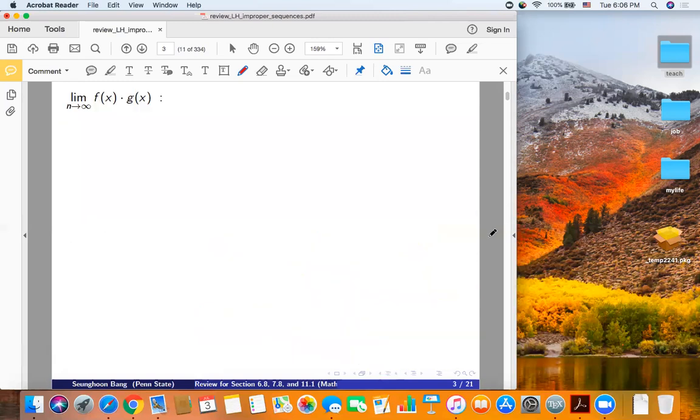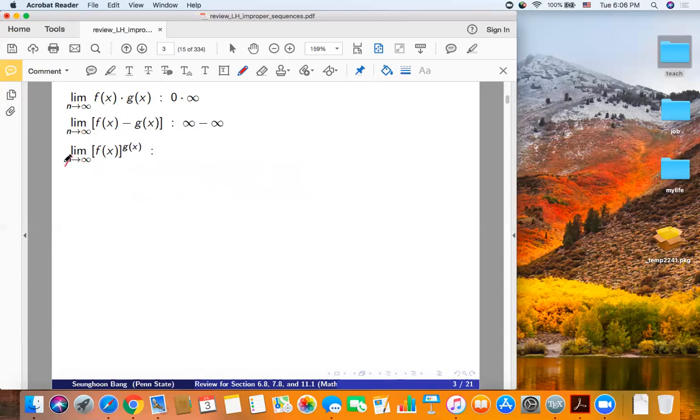The next one: the limit of f of x times g of x. Sorry, this is a typo. As x approaches a, f of x times g of x is 0 times infinity. It's the same typo: as x approaches a, f of x minus g of x is infinity minus infinity.